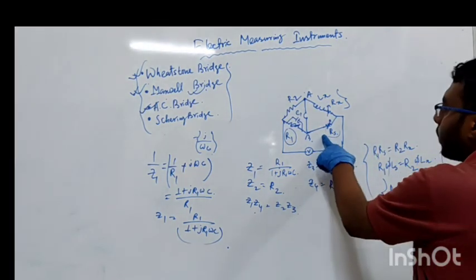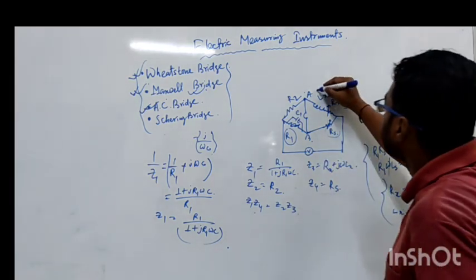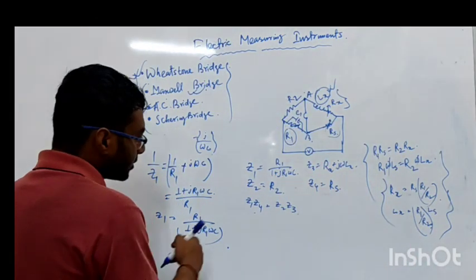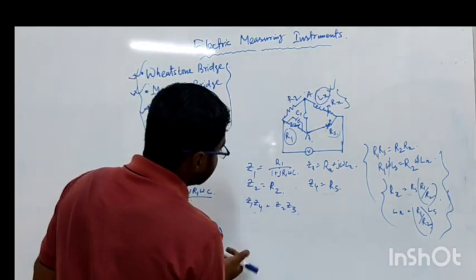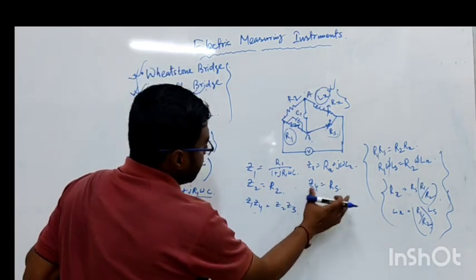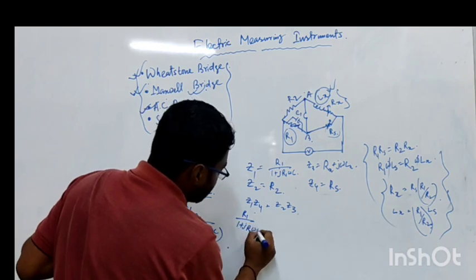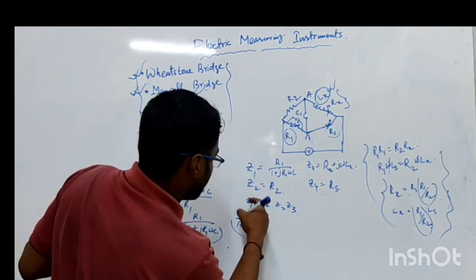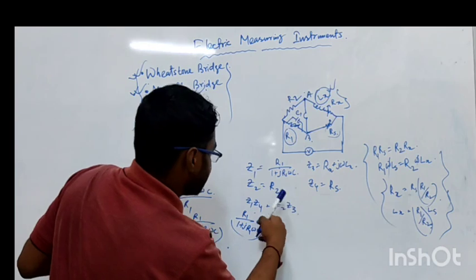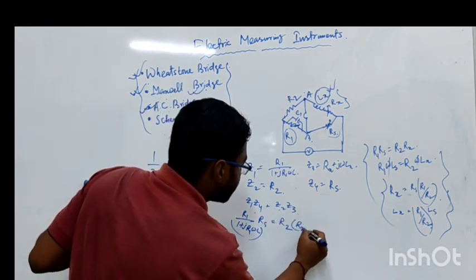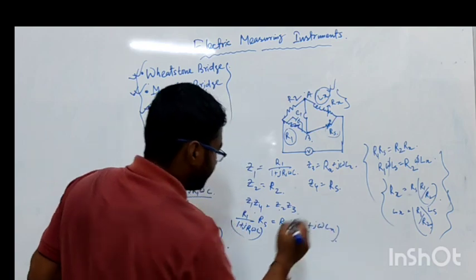So if we calculate this unknown inductance, we have to maintain the null condition. So if we put these impedances within the equation, that will be R1 by 1 plus j R1 omega C into Z4, means Rs, is equal to Z2, means R2 into Rx plus j omega Lx.